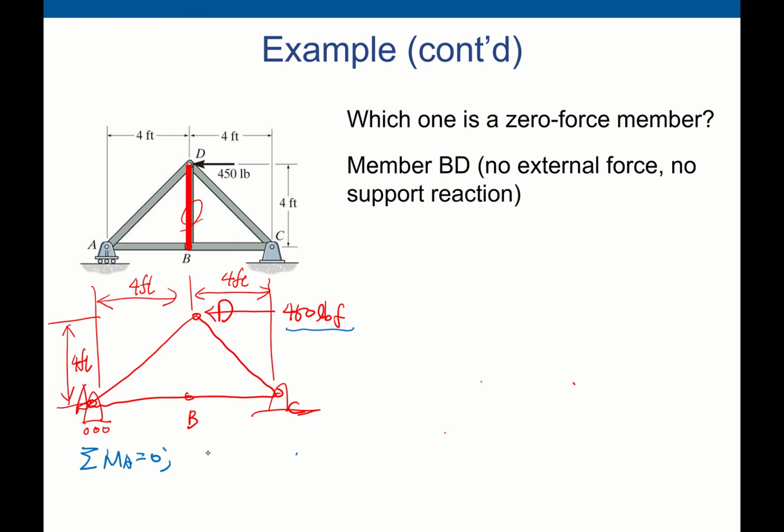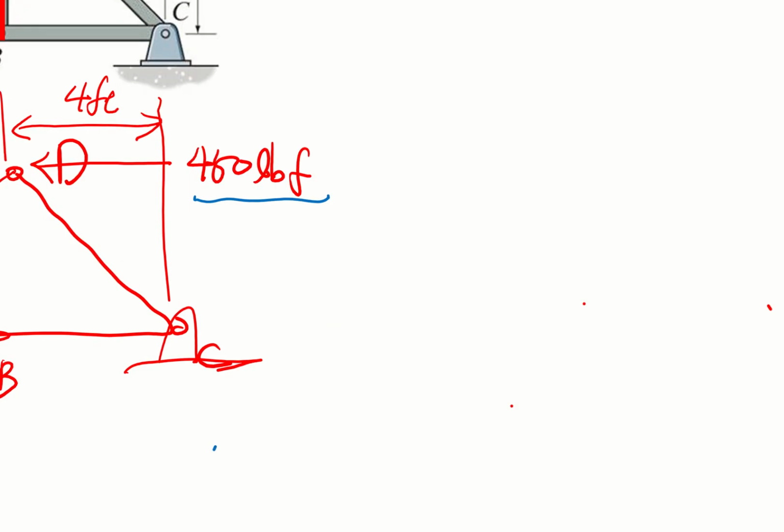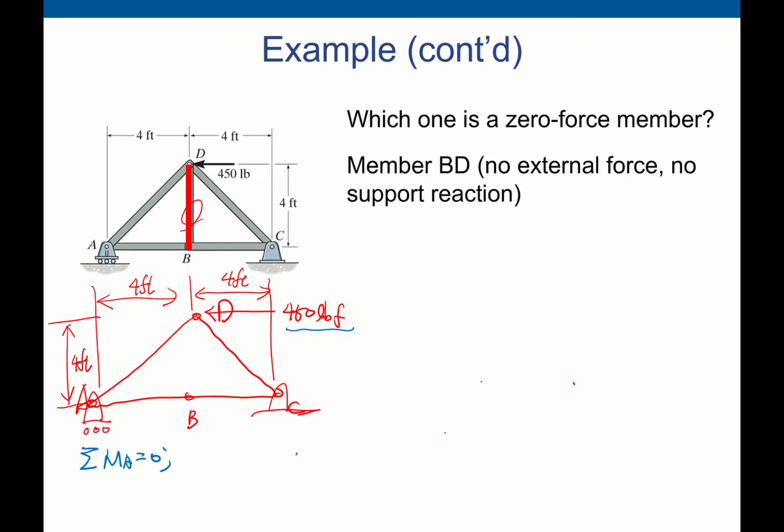So 450 times the perpendicular distance, which is 4 feet. That means the support reaction at point C must be downward. That's the way we can cancel out this equation.